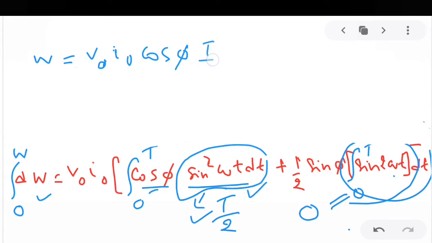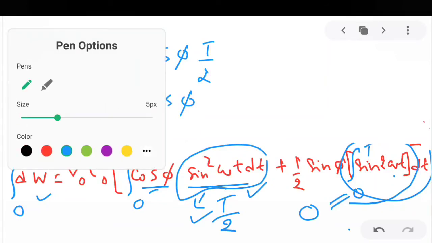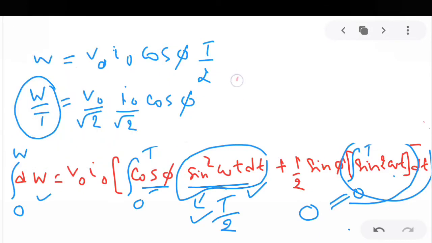So now this can be written as W by T is equal to V naught by root 2, I naught by root 2, cos phi. What is work done by time? This is the average power.